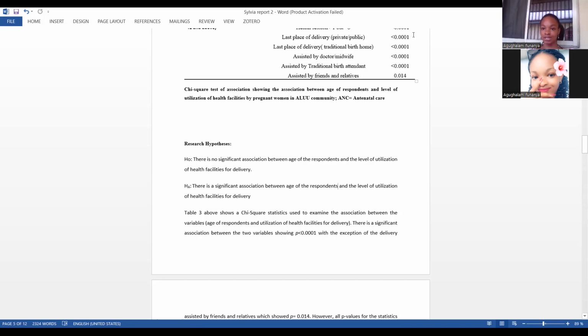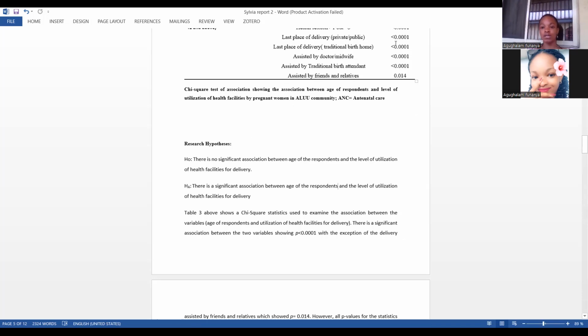That means anything less than 0.05 is significant, and anything greater than the 0.05, which we have set as our maximum level of risk, we say it is not significant.